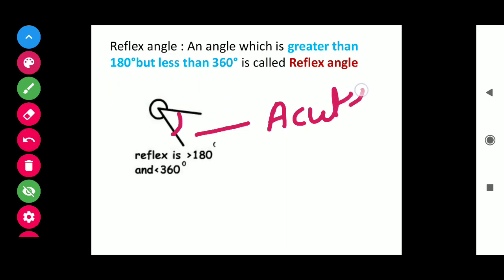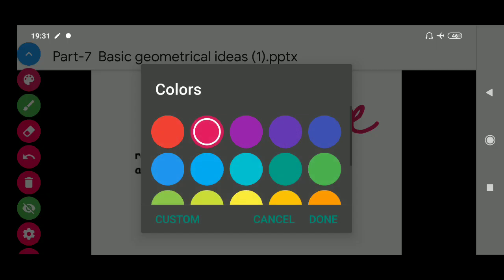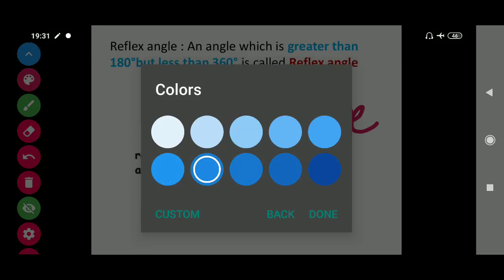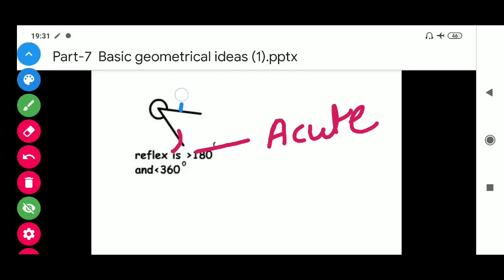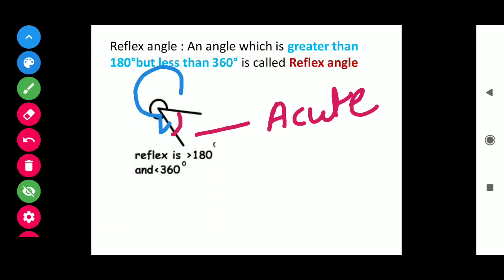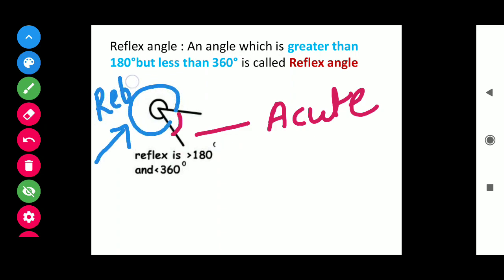This one is acute. And this one is reflex angle.